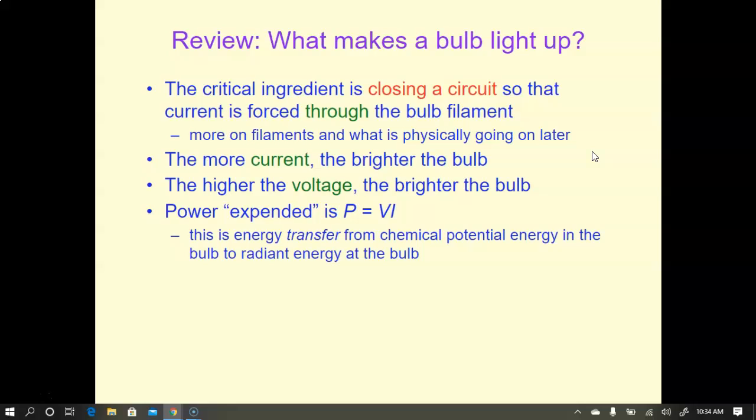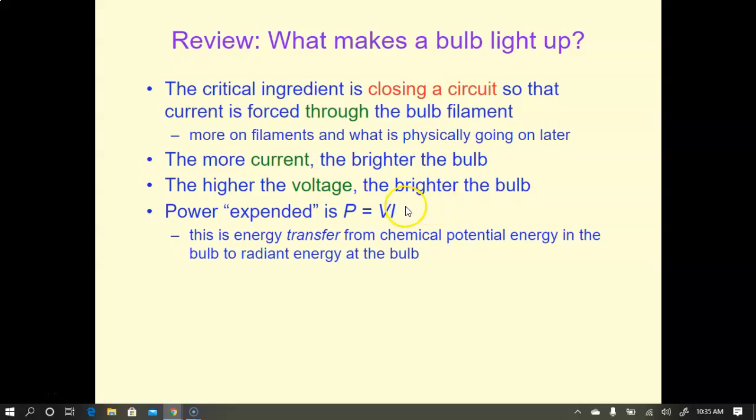The more current that goes through, the brighter the bulb will be. It seems to make sense that if we give it more electricity, then you're going to get more energy out as a result. Also, the higher the voltage, the brighter the bulb, because the voltage is, we can think of as like the potential, it's the driving force behind the electrical current. So if we have a higher voltage, it's going to be forcing more current through.